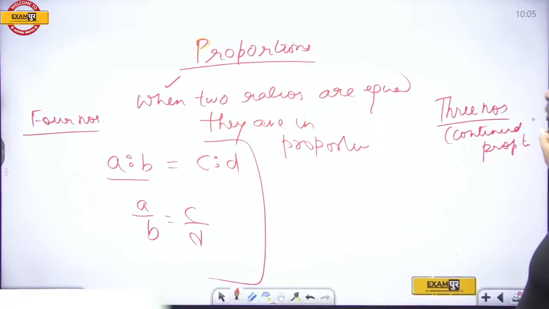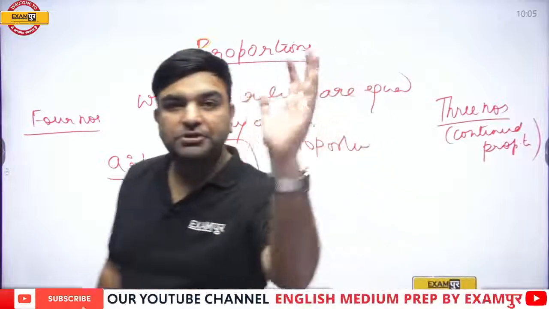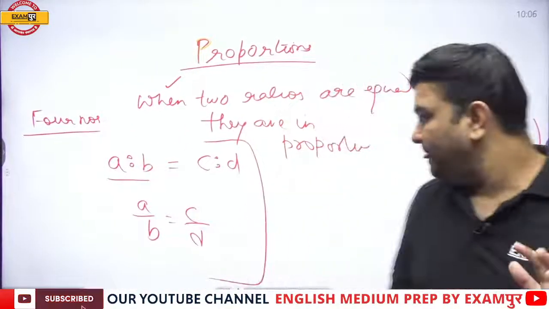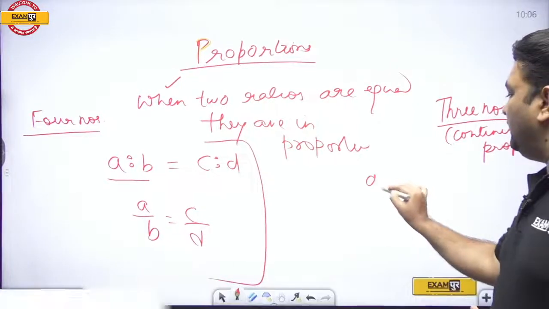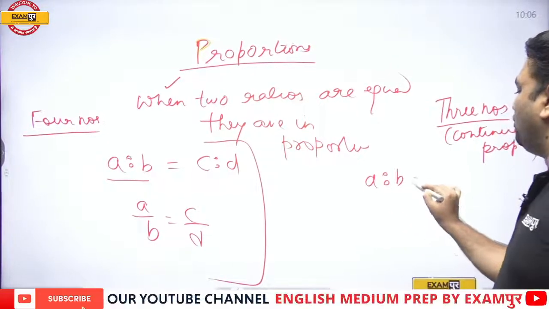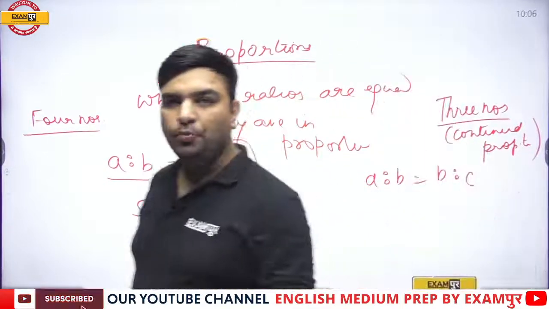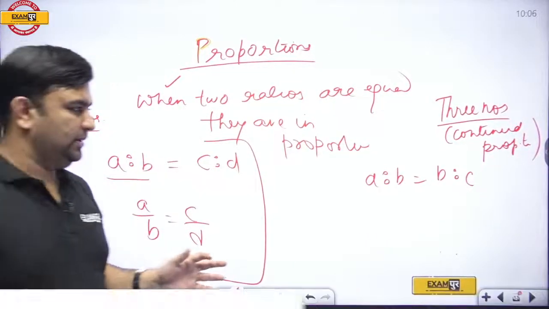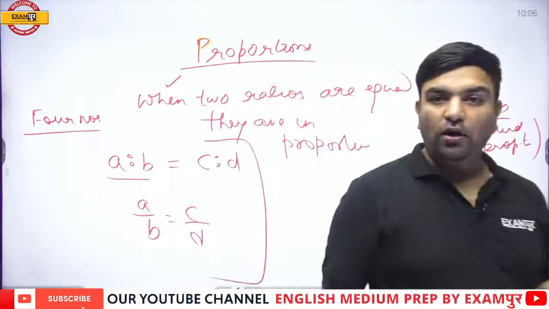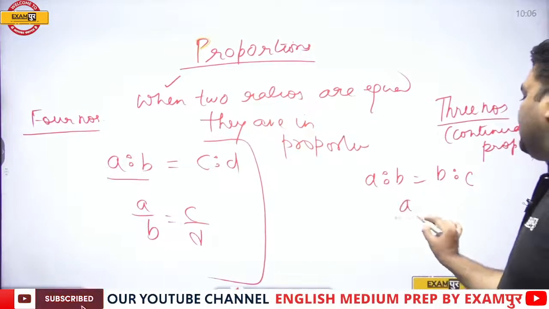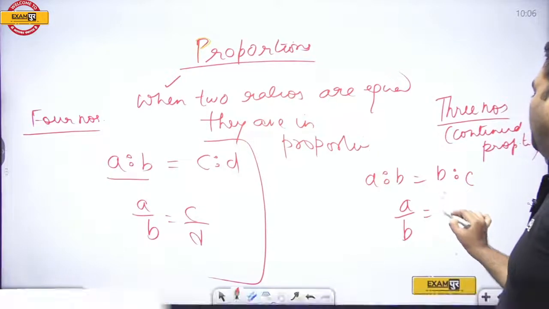What do you mean by continued proportion? If the first ratio is ending with B, then the second ratio is starting with B. So here, A ratio B is equal to B ratio C. So this is the condition for continued proportion. In this case, A upon B would be equal to B upon C.